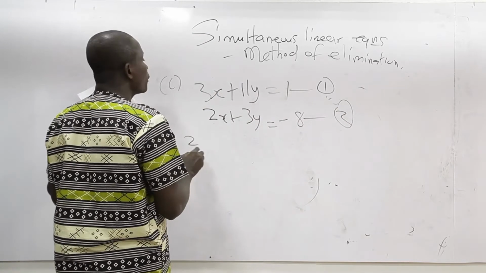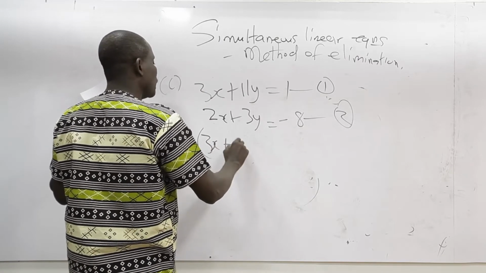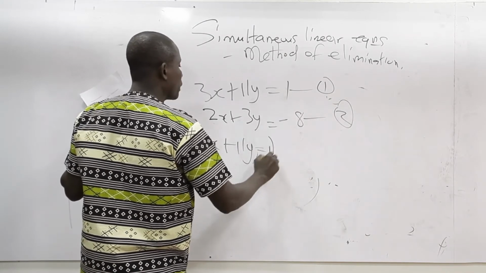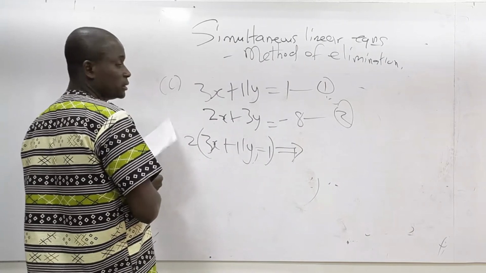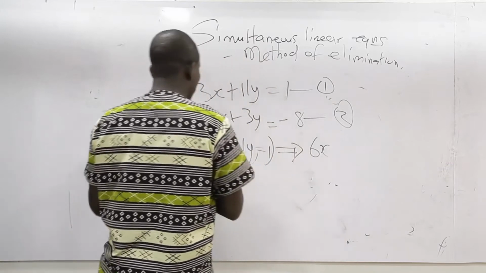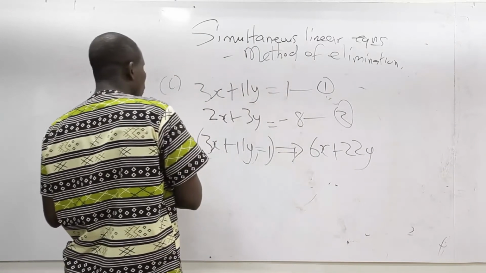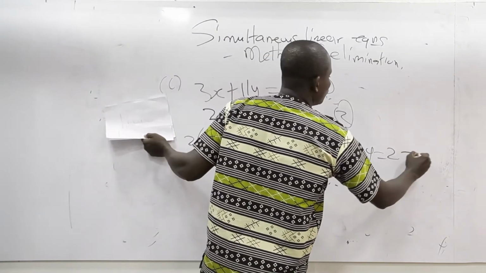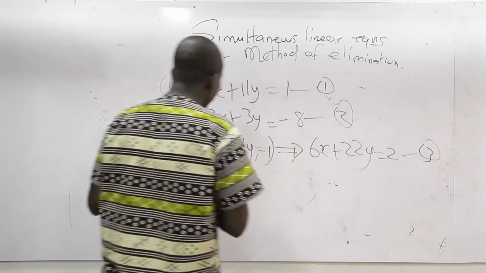2, I hope you know it now. 2 is multiplying the whole of equation 1: 3x plus 11y is equal to 1. That will turn to be what? 6x plus 22y. Why 22y? You're multiplying it by that. Is equal to 2. And this one will be what? Equation 3.